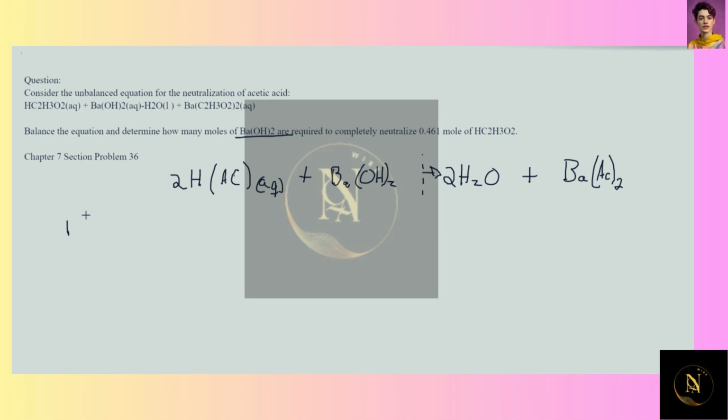When we look at an equation like this, what the balanced equation gives us is a whole bunch of proportions. Like we know that 2 equivalents of this will react with 1 equivalent of that. A lot of times when you see a question and need to find something to hold on to, you need a number. You can't have a ratio. In this problem, the number we're starting with is 0.461 moles of our acetic acid.